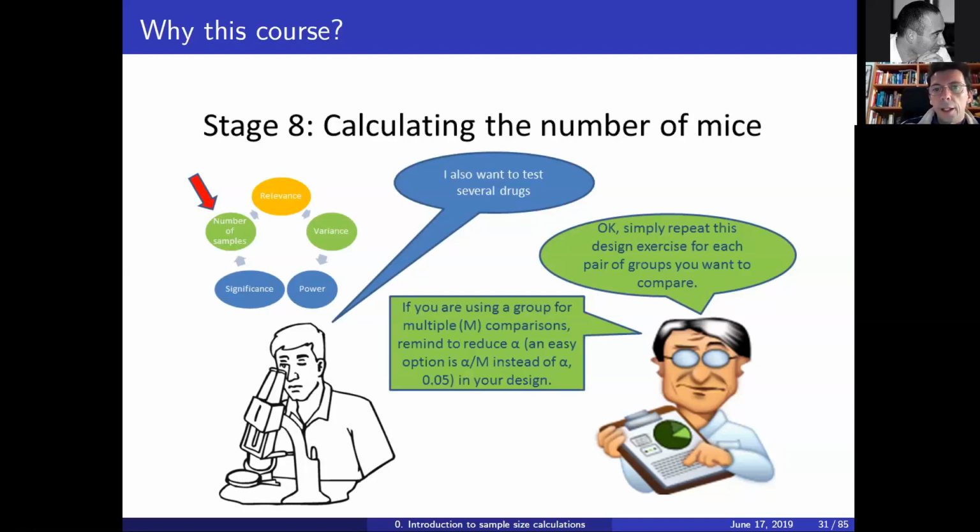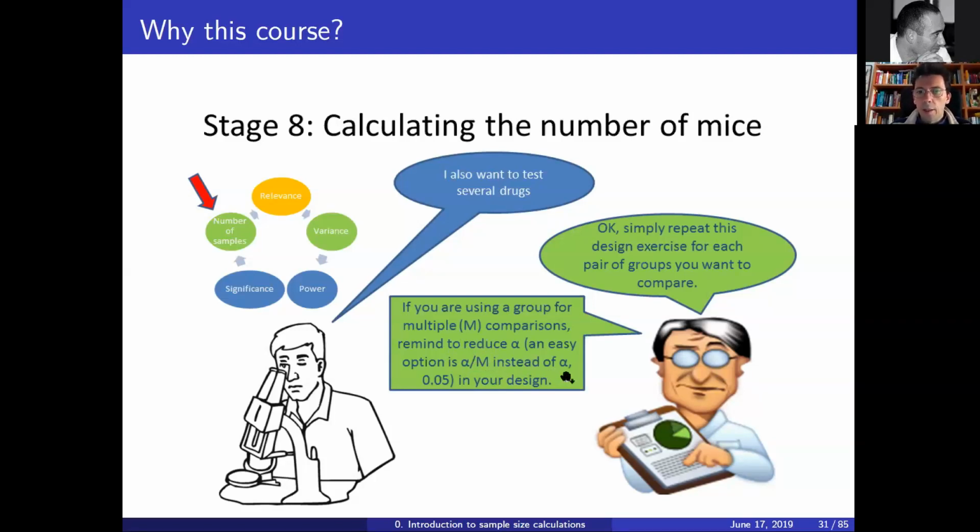So you may want to reduce the alpha. Alpha is the type 1 error. So instead of having an alpha of 5%, if you are doing m experiments at the same time, you may want to have an alpha that is smaller. And this Bonferroni correction that you may have heard of is the easiest one, and it is simply 5% divided by the number of experiments you are doing.